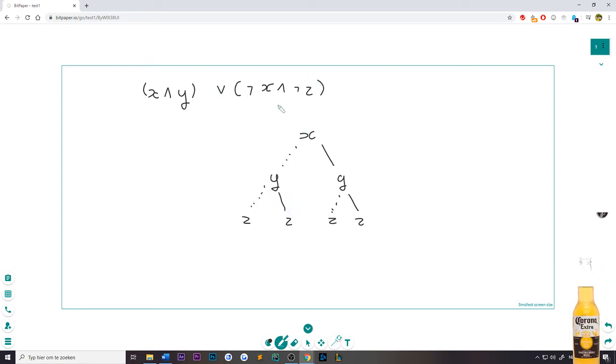Now it's just a matter of looking at how this works. If we have x and y, then it does not really matter what happens here. This statement is going to be true if x and y, so if x and if y, this is going to be true in both cases.